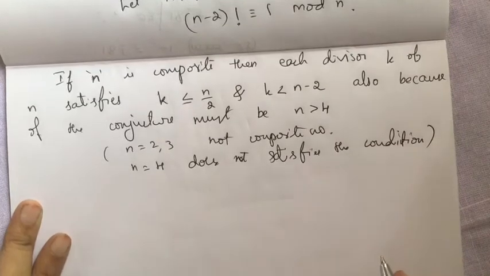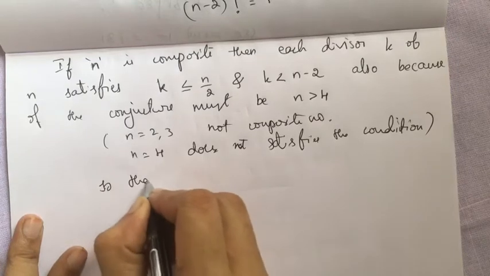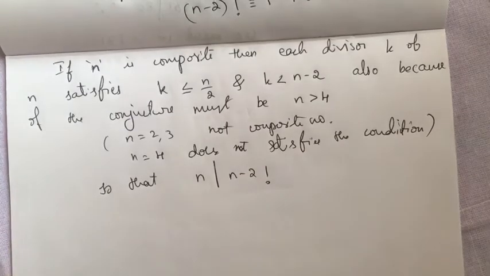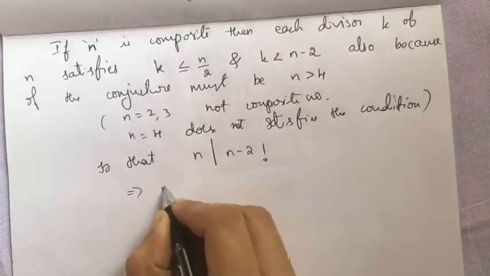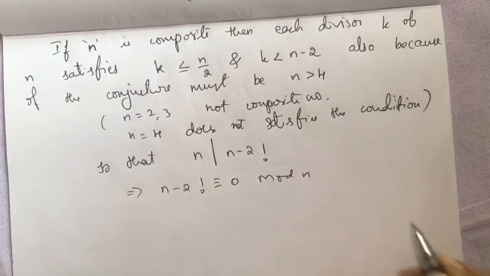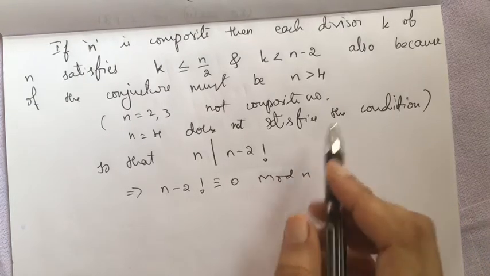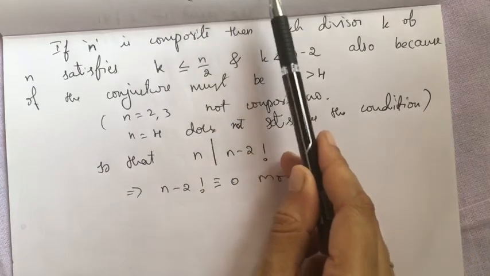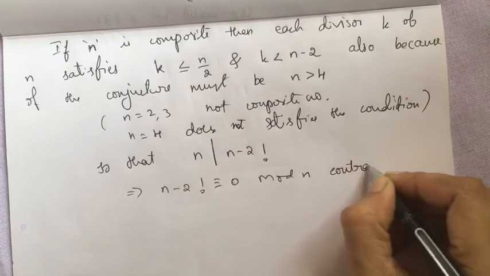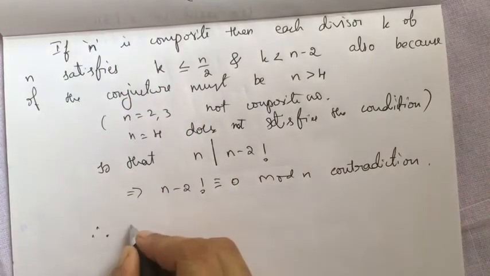So n has to be greater than 4, so that n divides (n minus 2) factorial, and it implies (n minus 2) factorial is congruent to 0 mod n, which is a contradiction to the fact that (n minus 2) factorial is congruent to 1 mod n. Therefore, n has to be prime.